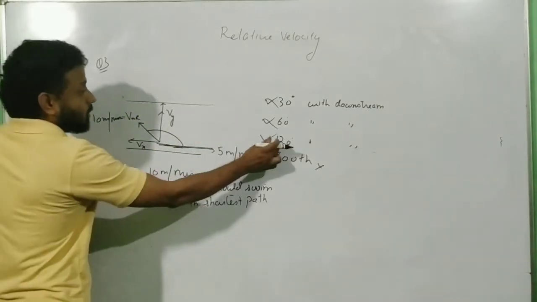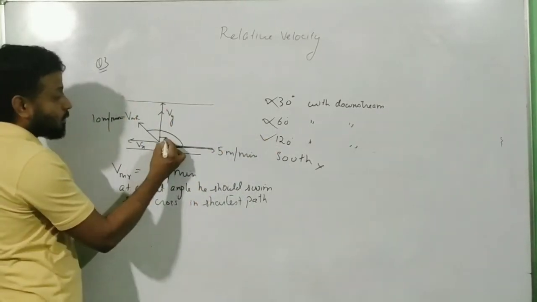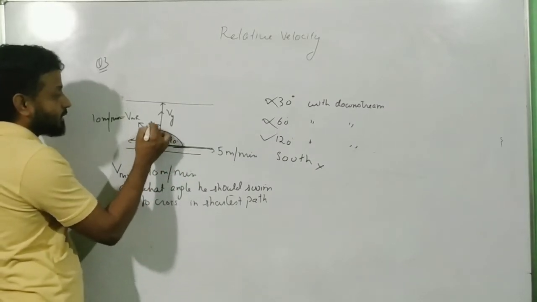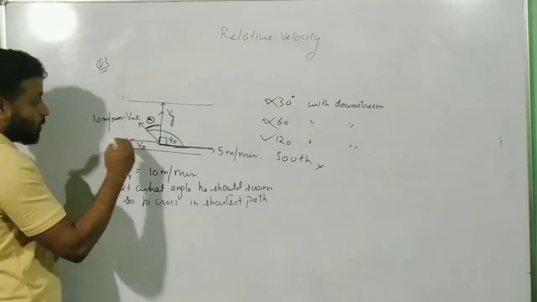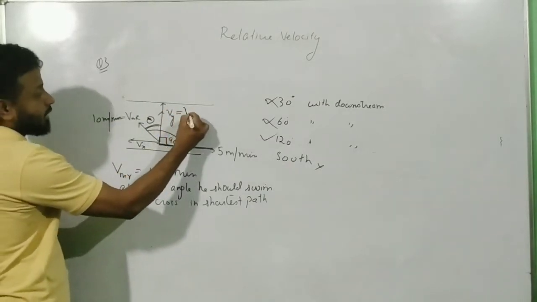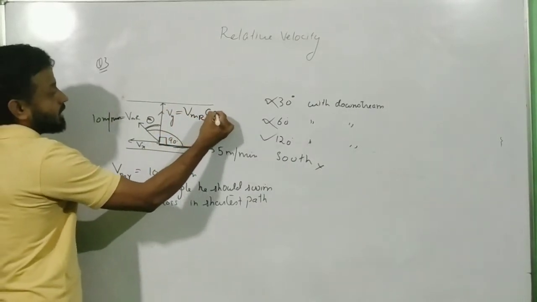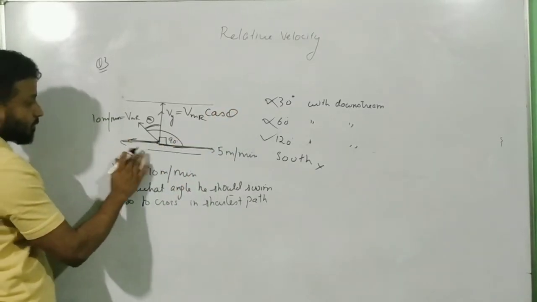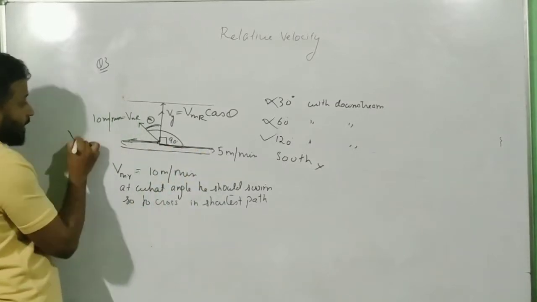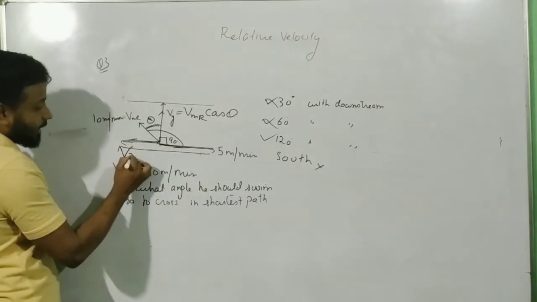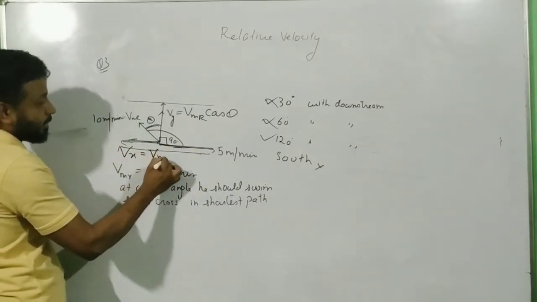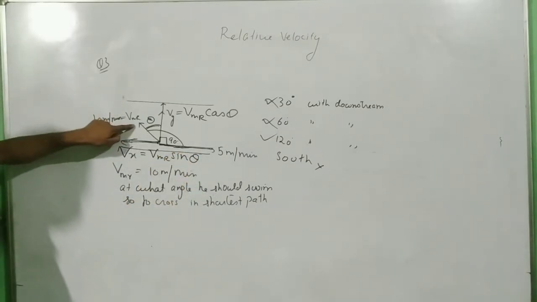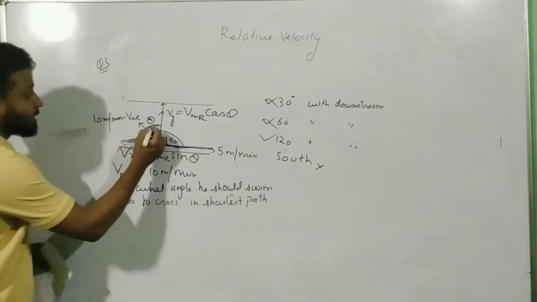So in order to get 120 degrees, look at how I am doing the trick. I pretty much know that this part is 90. So let me consider this angle as theta. Then the Vy component becomes VMR cos theta, and the Vx component becomes VMR sin theta.